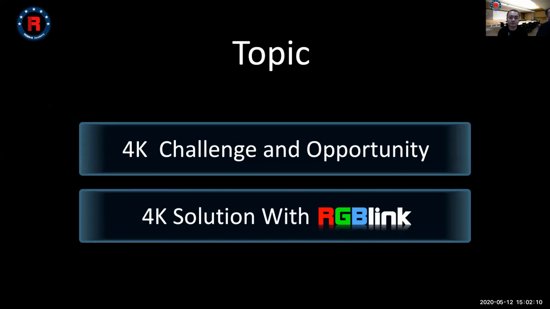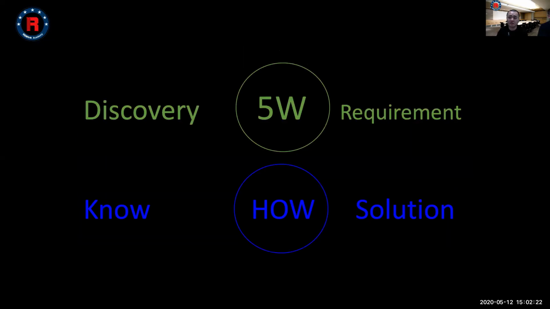Today we will share these two topics, and we will find a solution with RGB Link after the first one. We will start from the discovery for the 4K requirement, and then we will find the opportunity and find a solution together.